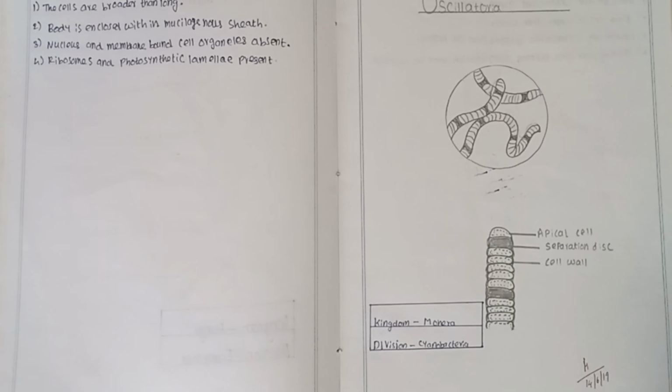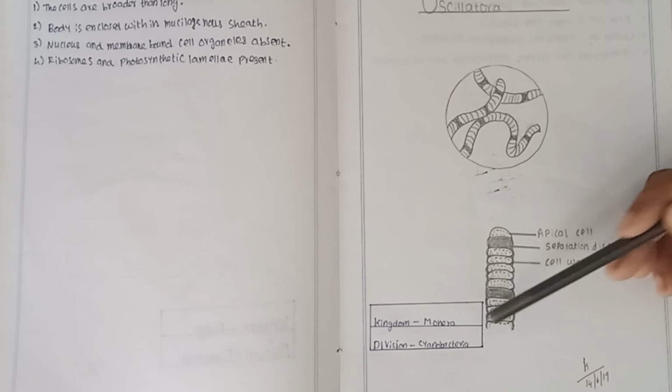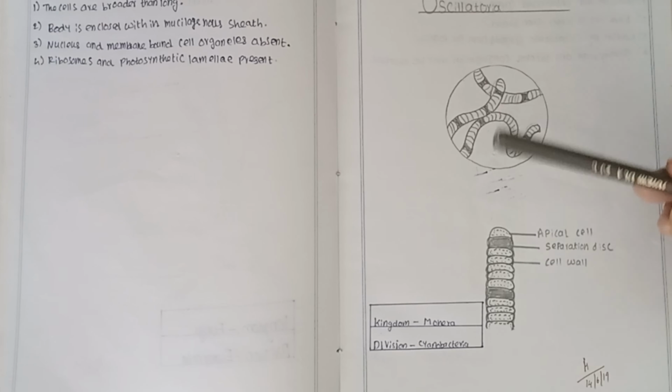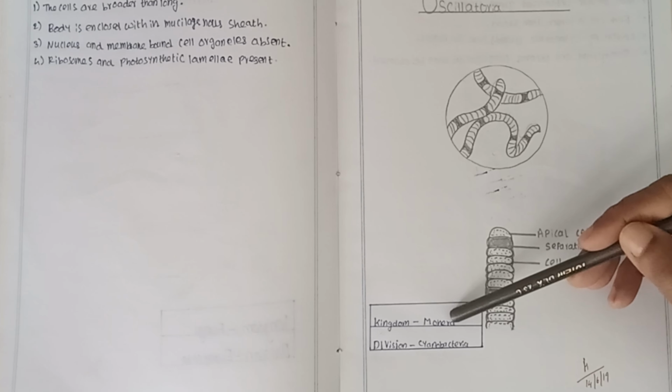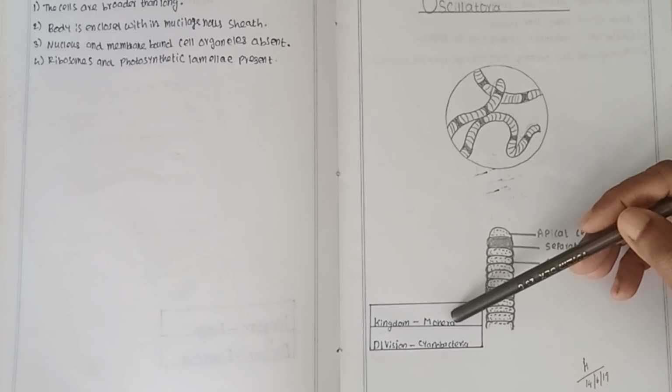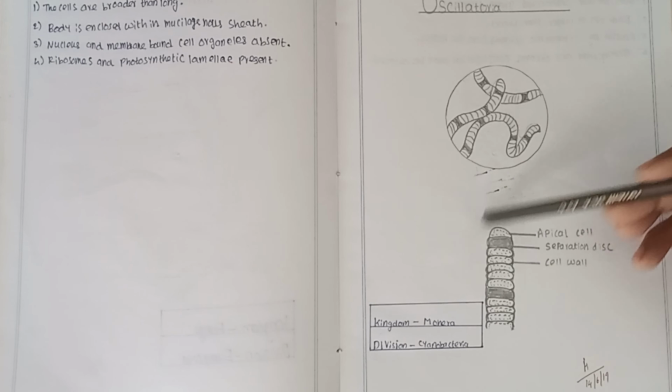Next, oscillatoria. Kingdom Monera. Like bacteria, different types of cyanobacteria are included in kingdom Monera. Kingdom Monera means without a definite nucleus.